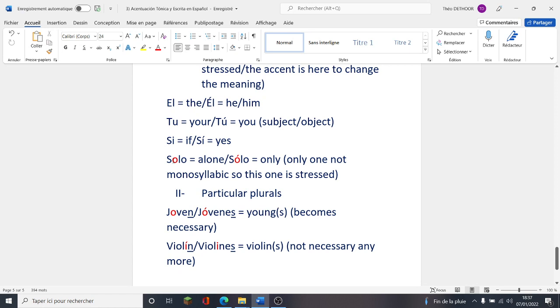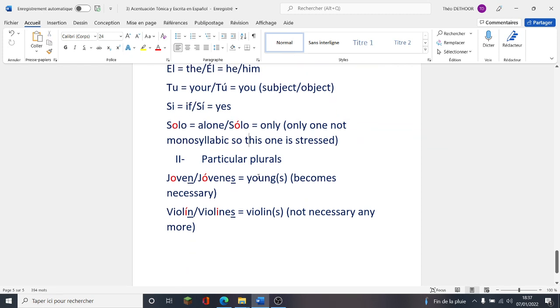In pronunciation, alone and only are the same word in Spanish, basically. You need to be careful when you're writing them and to choose if you're putting an accent above the O or not. And we're going to be ending this video with particular plurals.